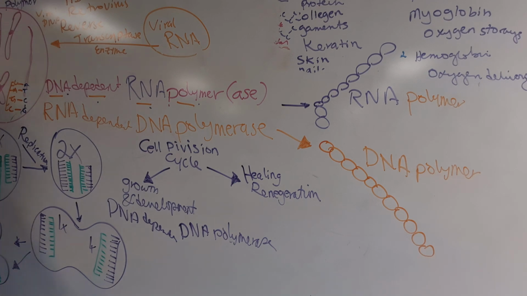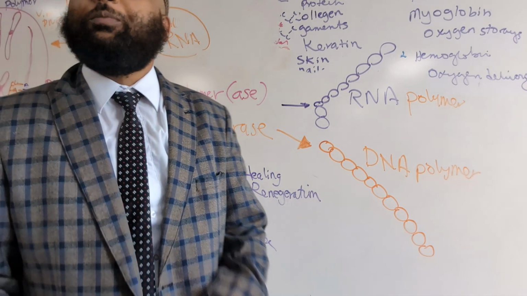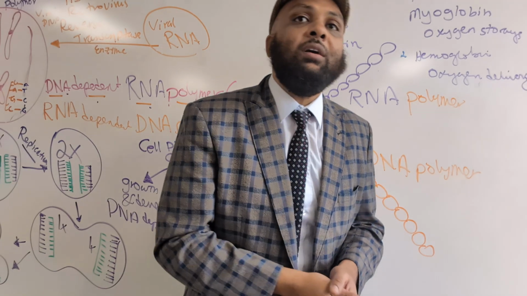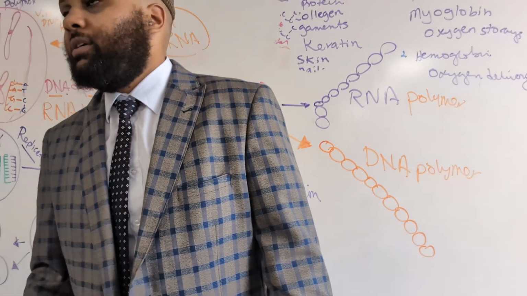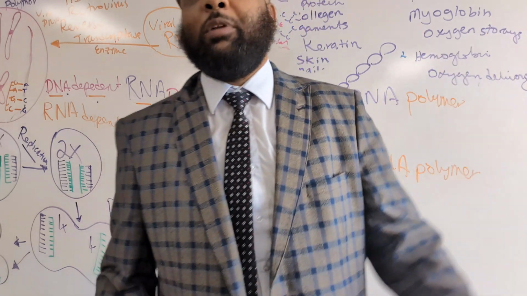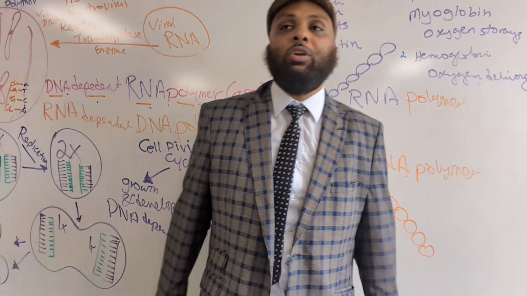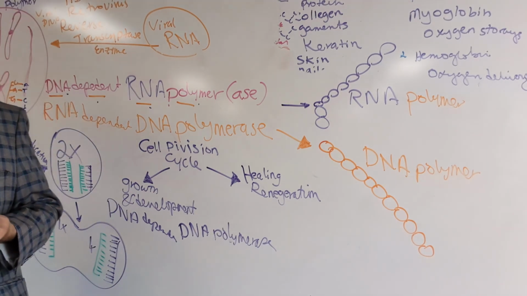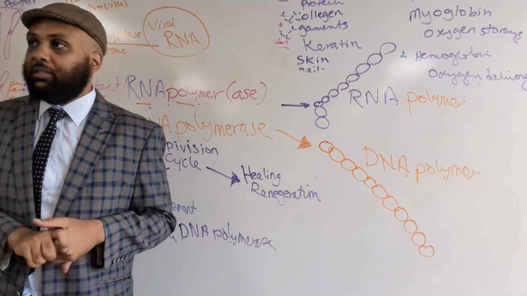So you have to break it down into two steps. What polymer am I making? Am I making an RNA polymer? That's the RNA polymerase. Am I making a DNA polymer? That's the DNA polymerase. Then go back and look: who did I depend on? Did I depend on RNA?